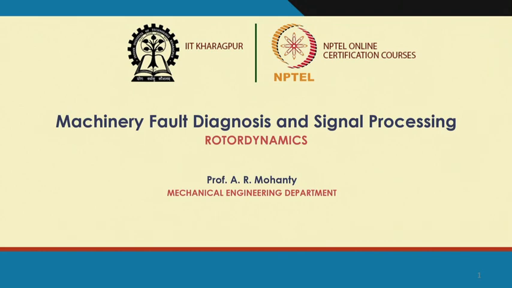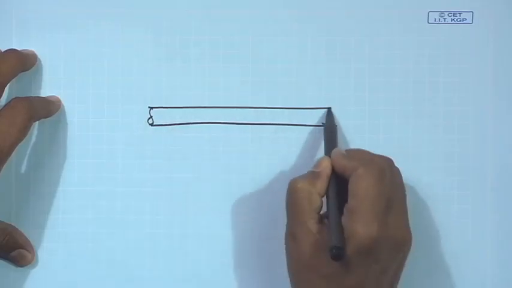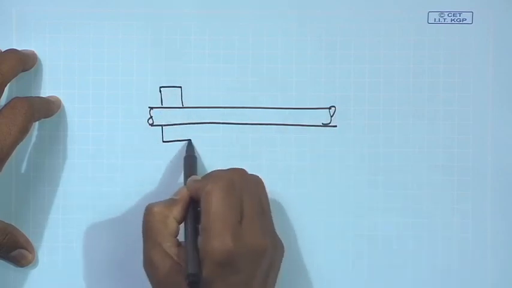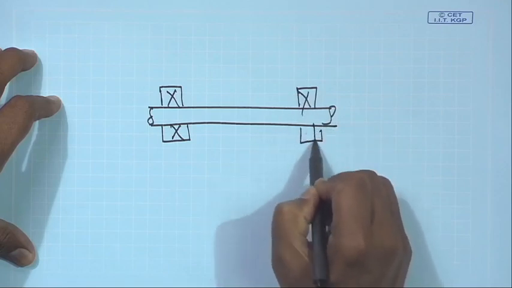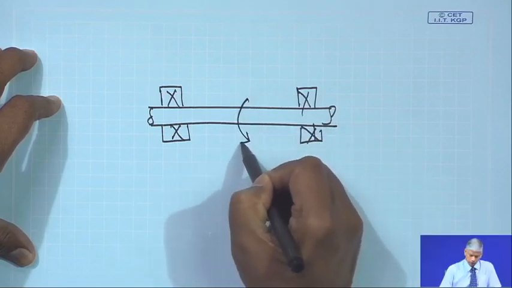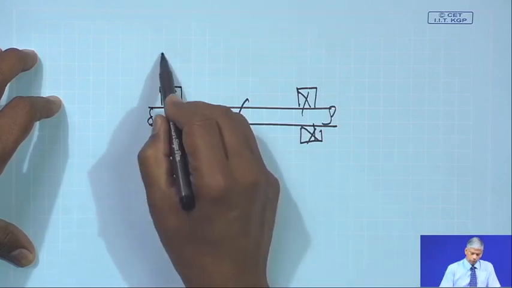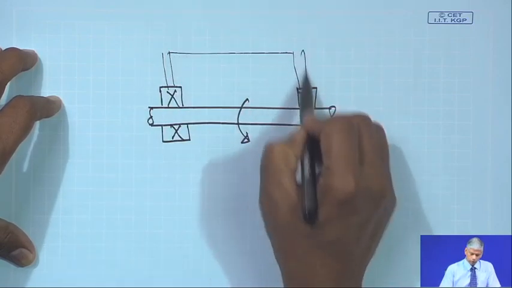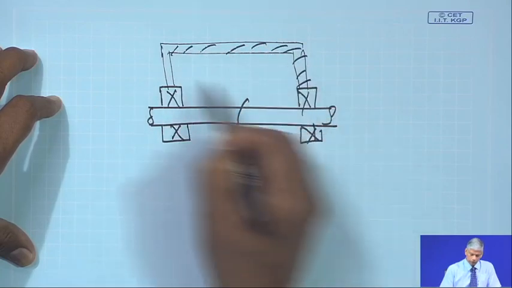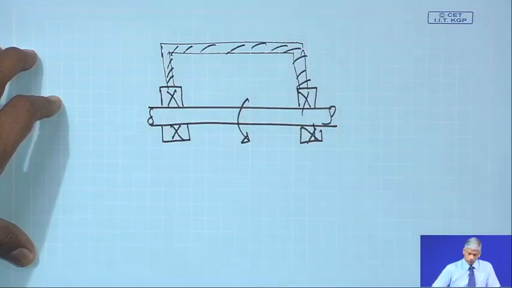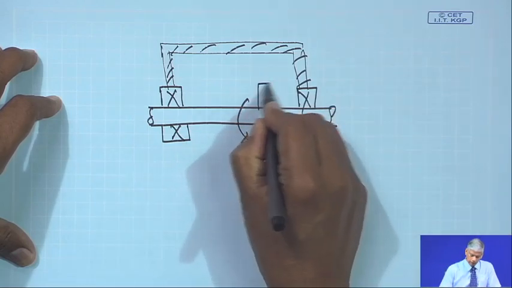As you know, every machine is essentially comprised of a shaft which is supported on bearings. Invariably it rotates, and there could be a housing, and so on. If I just draw one half, this shaft could be carrying a disc.